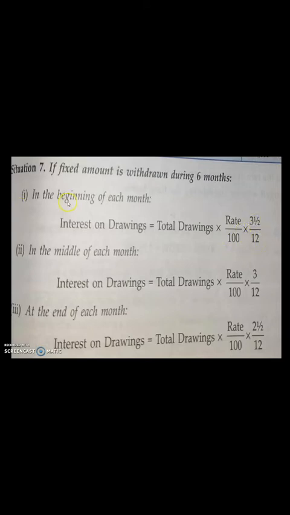This is beginning. In the middle of each month, if it is taking place, what you will do? 3 by 12. And if it is end of each month, what you will do? 2.5 divided by 12. So children, this part of the formula you had to study, or you had to by heart it. Okay.